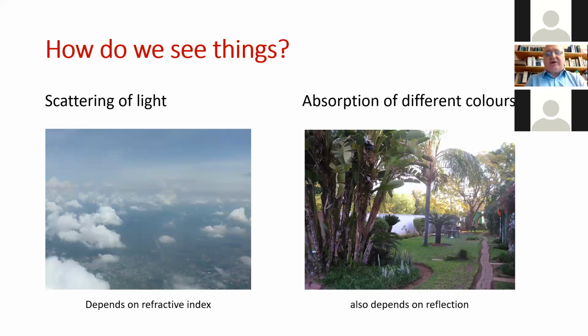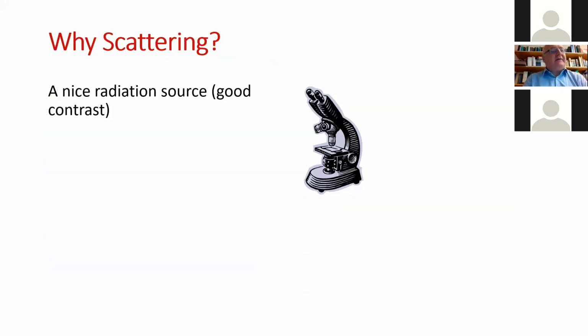So we're used to looking at things with light and inspecting them in various ways. Often we want to look at a small scale, and so you might ask, why do we use scattering? The tradition might be to use a microscope. So let's think about that. We have some convenient radiation source. We've been hearing about neutrons, and it provides interesting contrasts. We would shine that radiation at a sample.